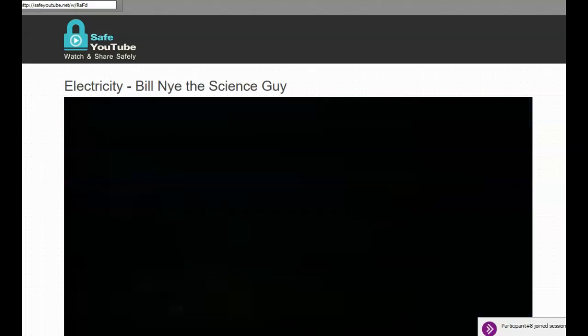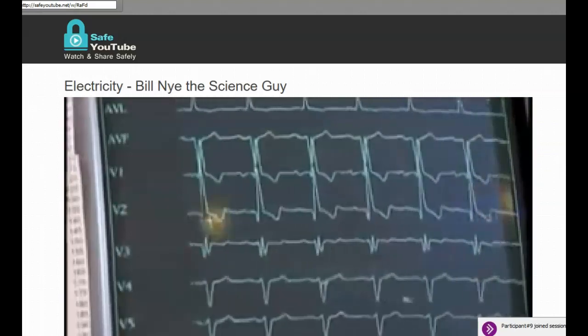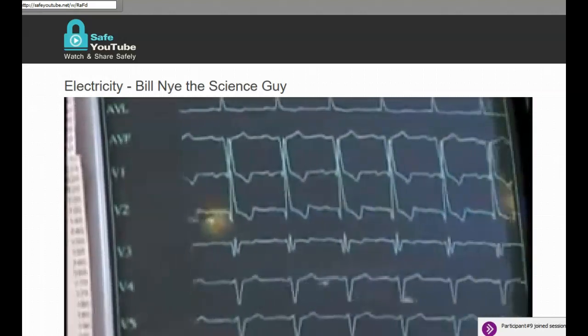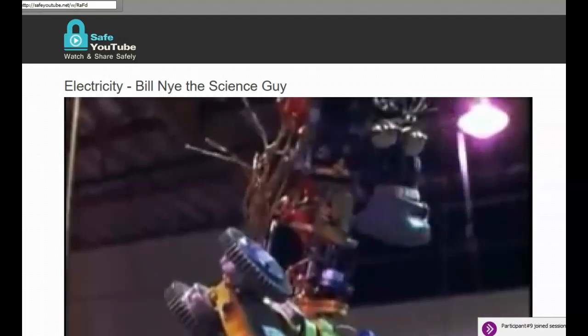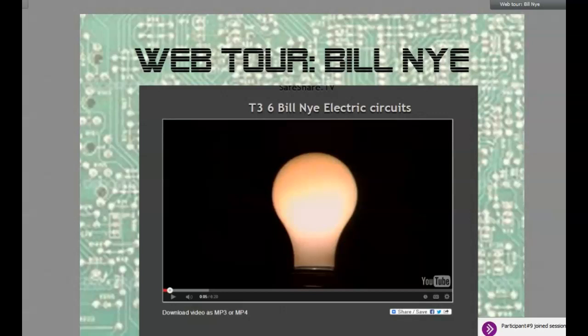Electricity flows through us and around us. It dances in the sky as lightning and pulses through our bodies as signals between the cells and organs. We are always finding new ways to use electricity.